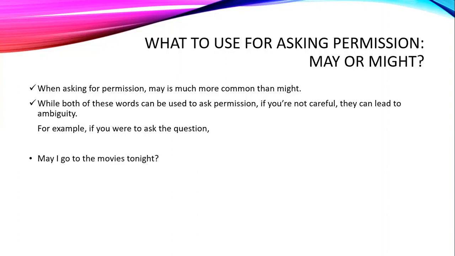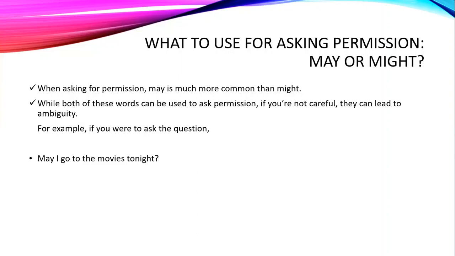So in most cases, may or might are mostly acceptable in asking permission. However, it is more appropriate, it is more desirable that you use may for seeking permission. Because otherwise, there could be a little ambiguity, there could be a little confusion.